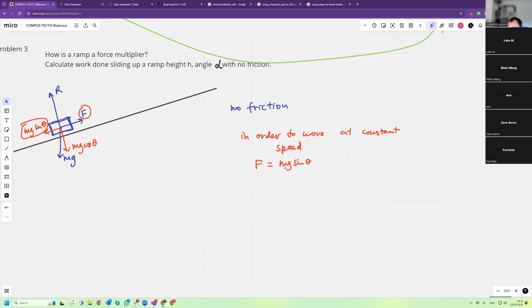But here, it's mg times sine theta. And we know that sine theta is always less than or equal to 1. That means mg sine theta is always less than mg.